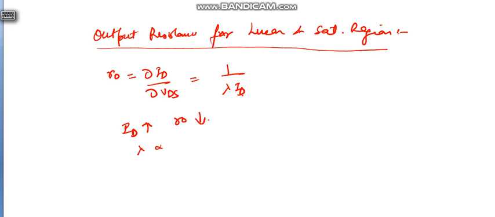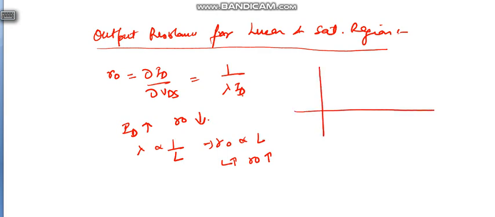Now lambda is inversely proportional to length, so RO is directly proportional to length. So as L increases, RO increases. If we see this graph of ID versus VDS, as we increase length, RO also increases and lambda reduces.